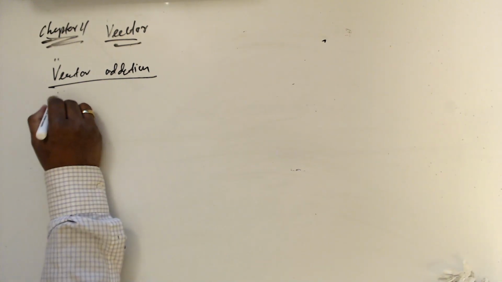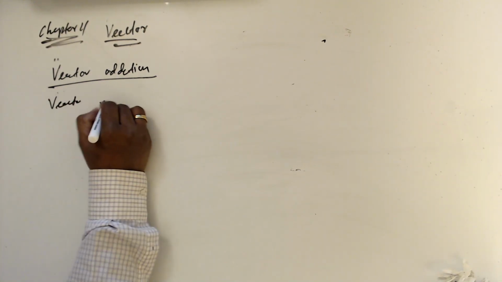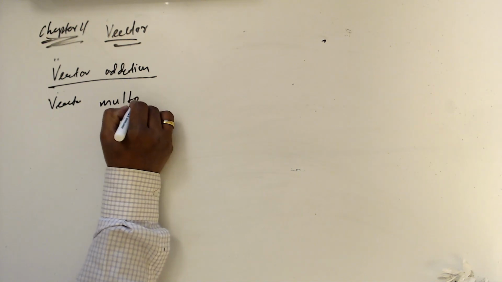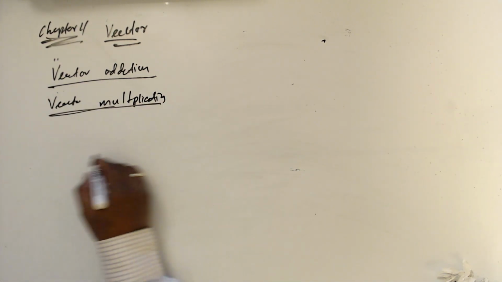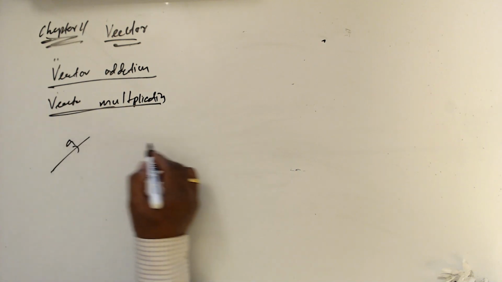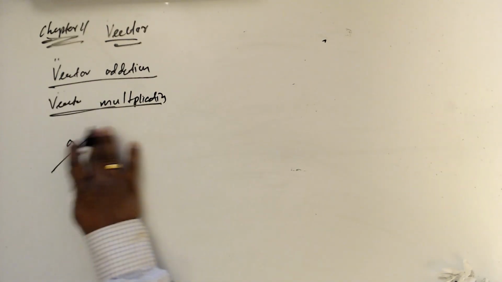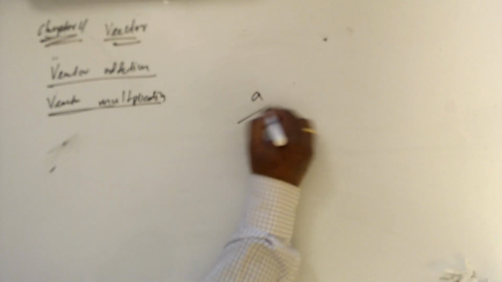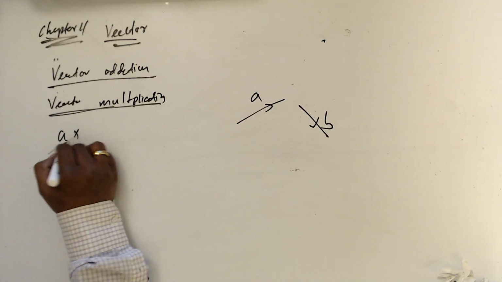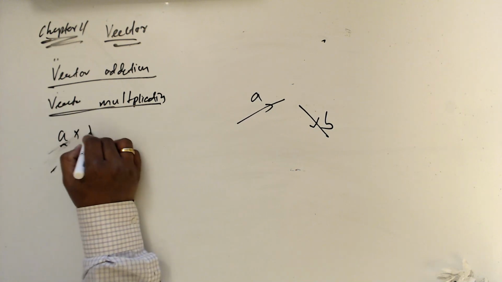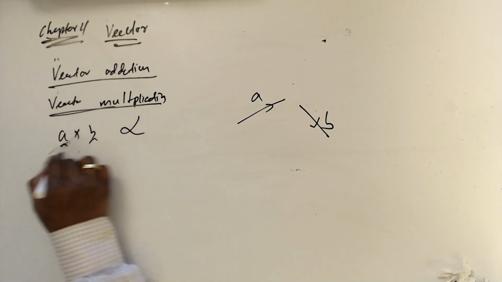Now, vector multiplication. Now I have a vector A here, and another vector B. A multiplied by B has no meaning.